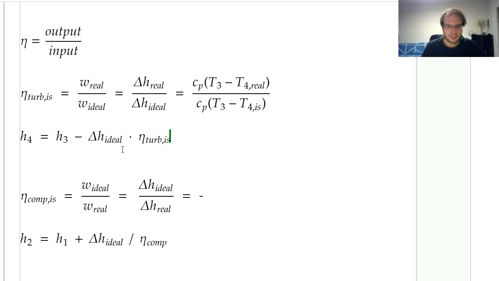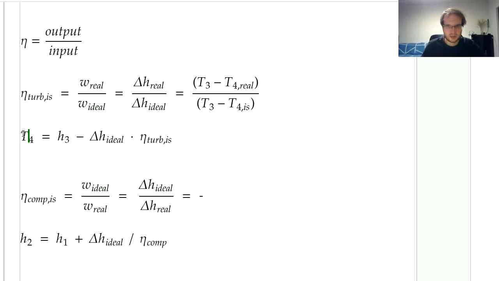The same can obviously work also with the temperatures because the specific heat capacity is constant, so we can just cancel it out, and we can write that the temperature at point 4, let's call it for real, is the temperature at point 3 minus the ideal difference in temperatures multiplied by the turbine isentropic efficiency.